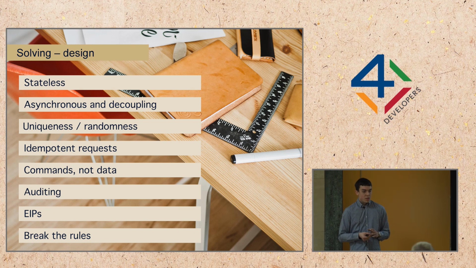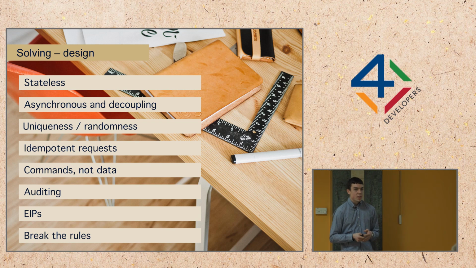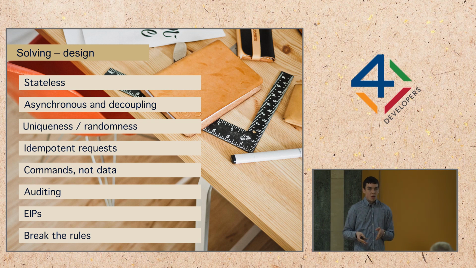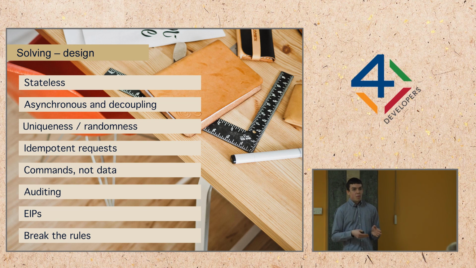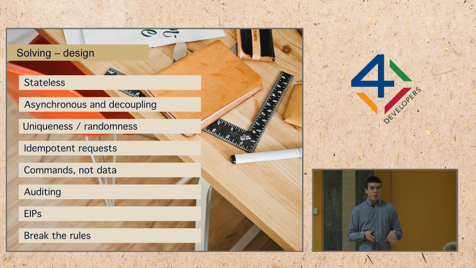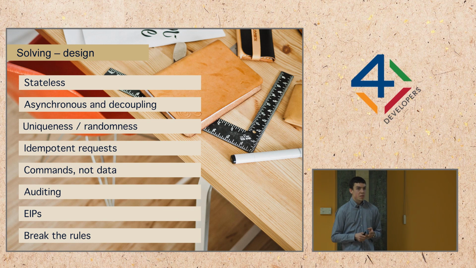The next part is sending commands, not data. For a typical enterprise application, which is basically create, read, update, delete, when you send an update, you usually send the entire structure. So you want to update an object, you send the entire object with updated fields. This is a problem when there are a few components or subsystems working on exactly the same row.